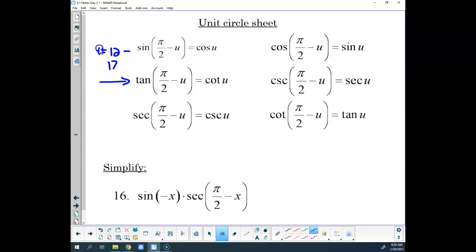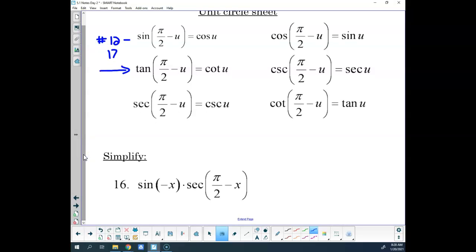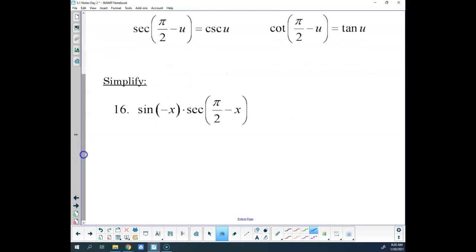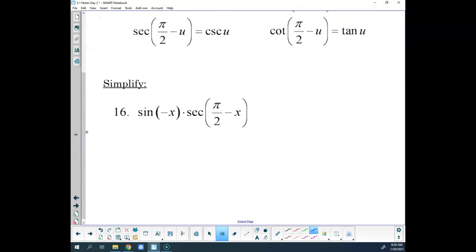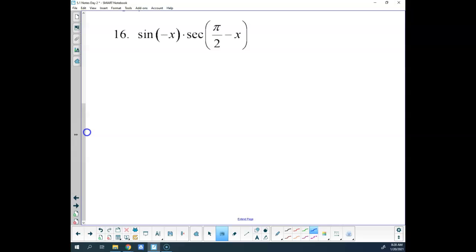So with that being said, let's now do the sine of negative x times the secant of pi over 2 minus x. Utilizing my identity, sine of negative x is negative sine of x.